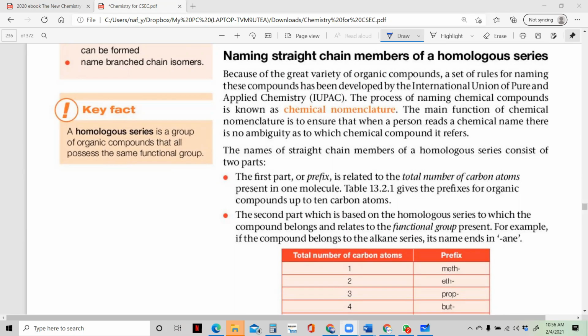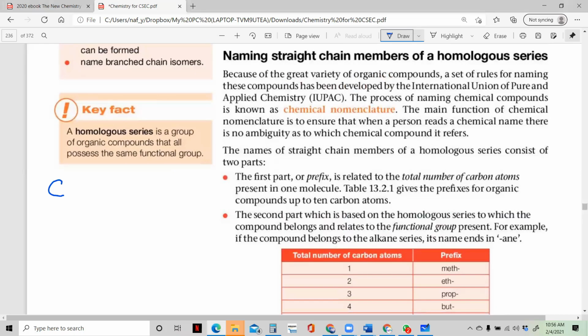So remember, you're going to have carbon atoms bonded together. And if we do not have it branching off, then we call it a straight chain because it is one carbon following after another. So carbon forms the backbone of your organic substances.